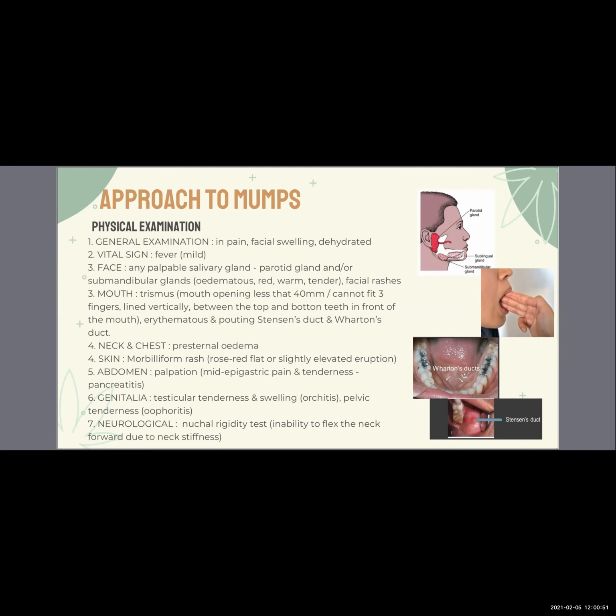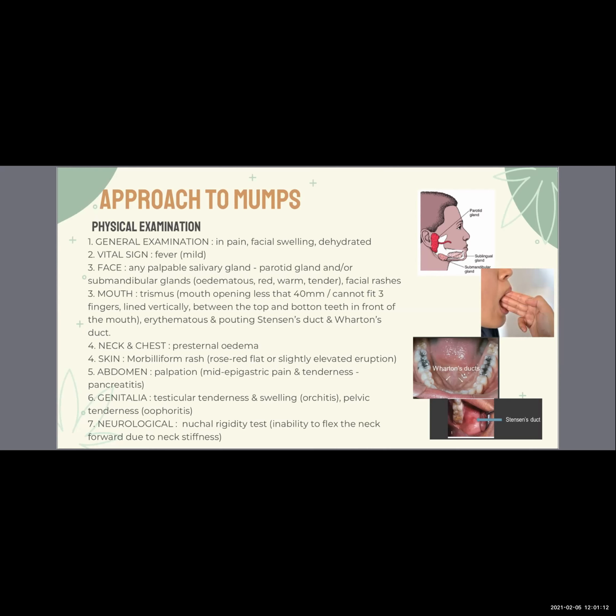And then neck and chest examination to look for any presternal edema. And then we look for morbilliform rash that is characterized as rose red or slightly elevated eruption, but this rash is usually rarely seen.